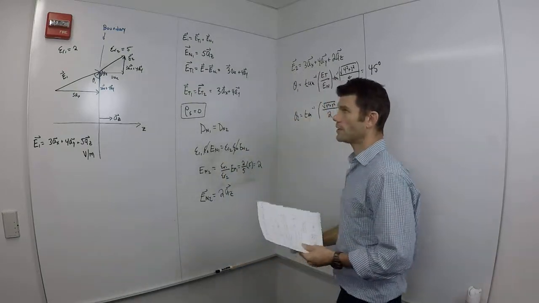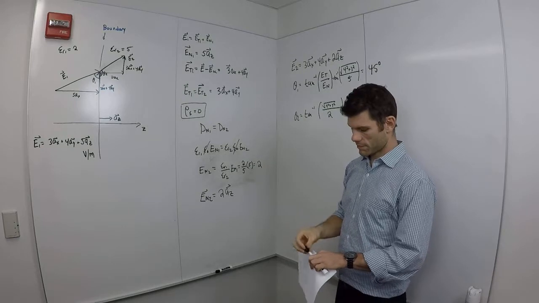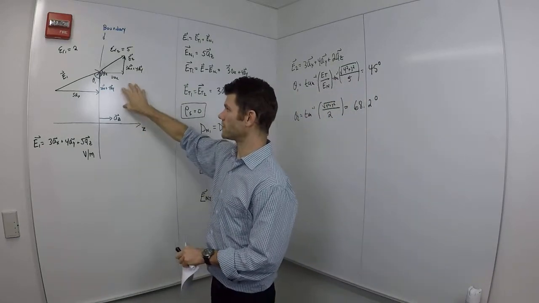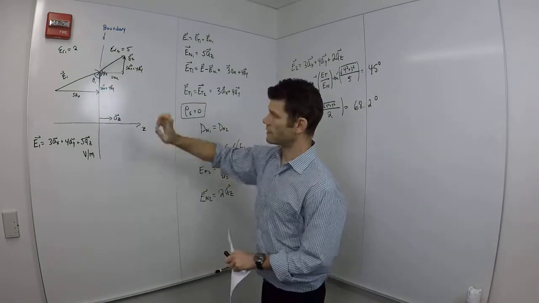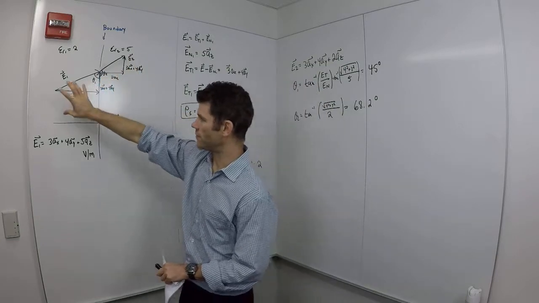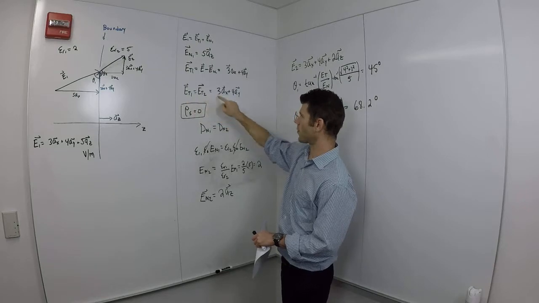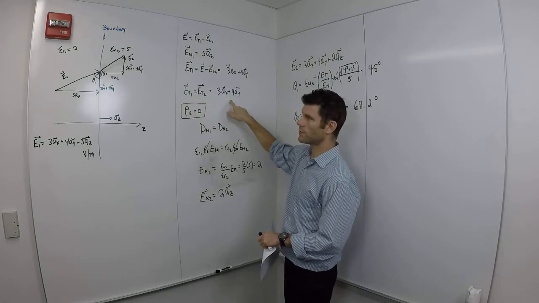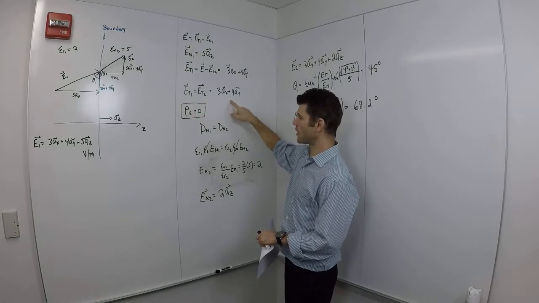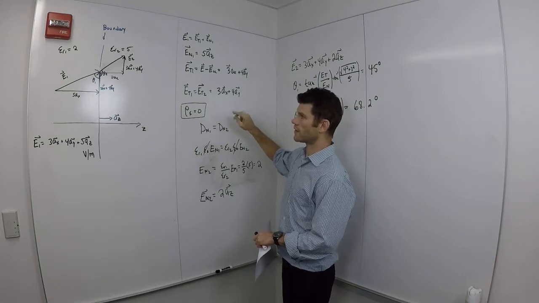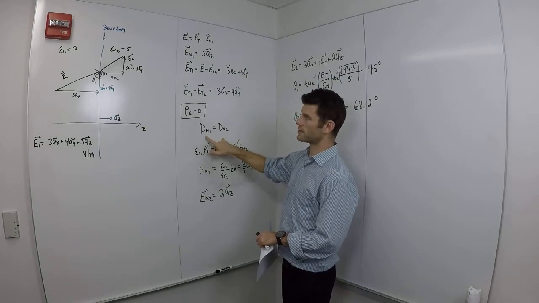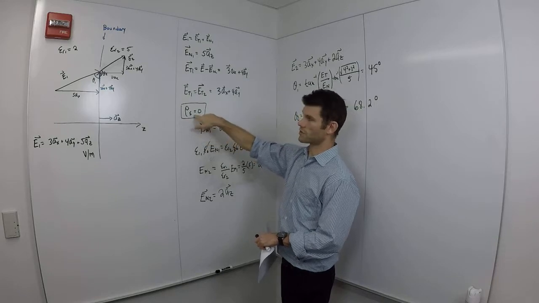Okay, so what we did here was we used the boundary conditions, right, to know that the tangential component of the vector on this side would be the same as the tangential here. Boundary condition number 1, right, so that's how we solve for Et2. And then we used boundary condition 2, which says that the difference of the electric flux densities has to be equal to the surface charge density.